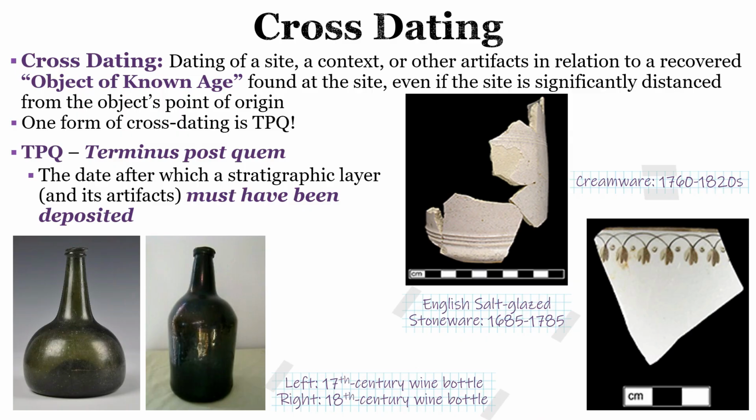And following up on that, which date is the date of the site, or at least the date of that layer? Is it going to be the 17th century or the 18th century bottle? Remember, they're side by side in the same layer of dirt, and we're trying to use TPQ to date that layer of dirt.